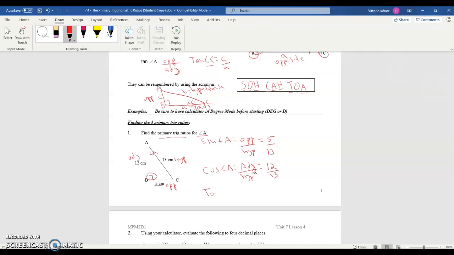And our tan of angle A is equal to opposite over adjacent, TOA. So the opposite of A is 5, and the side adjacent to A is 12. So 5 over 12. And these are your ratios for angle A in terms of sine, cos, and tan.